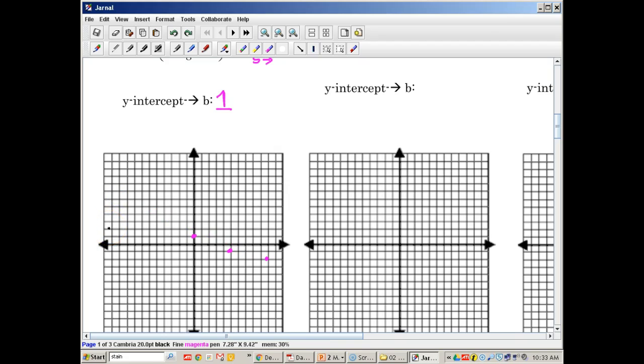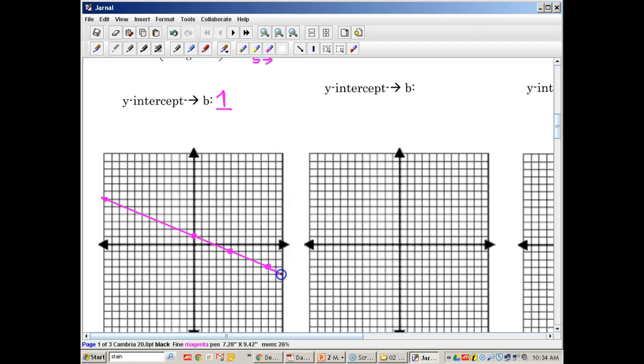Let's see, that doesn't look like it's straight. Down 2, 1, 2, 3, 4, 5. Down 2, 1, 2, 3, 4, 5. There we go. Oh, I missed it. Okay. There we go. That looks like it's straight. Yeah, if your dots don't line up on a straight line, that usually means you counted dots wrong.